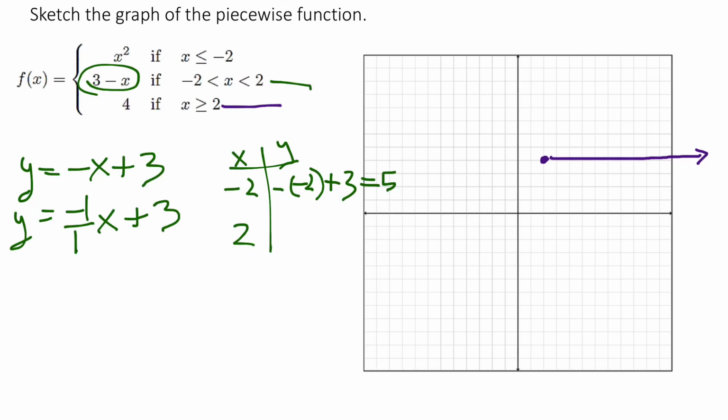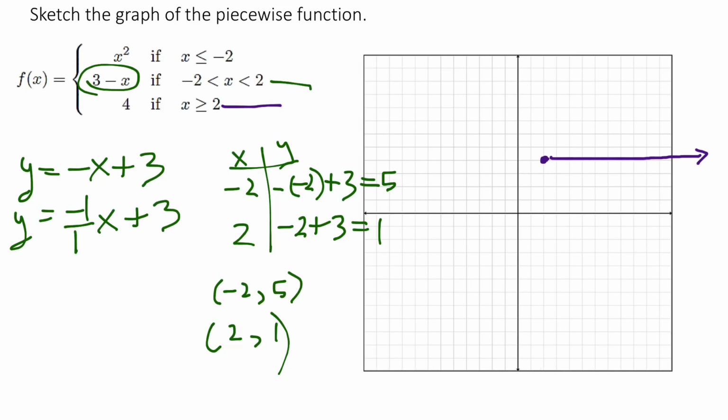And then when x is positive 2, I'll have negative 2 plus 3, and that's 1. So I've got the point negative 2, 5, and I've got the point 2, 1.